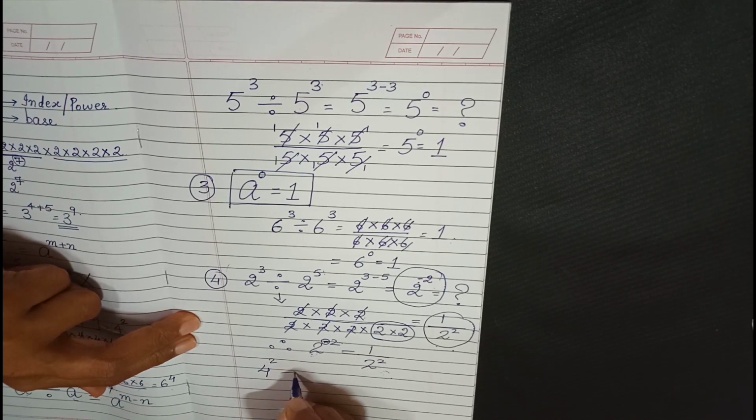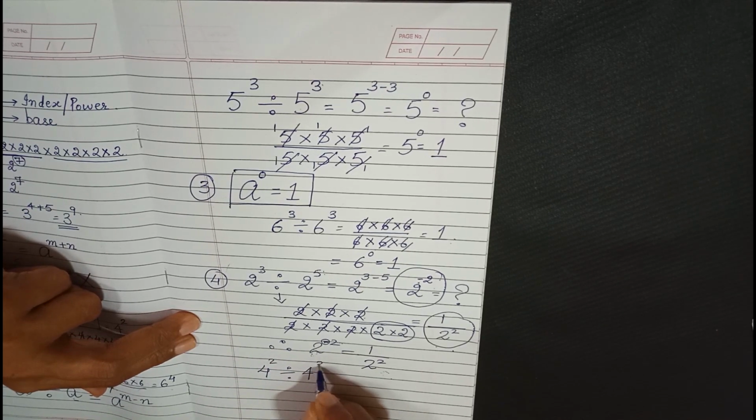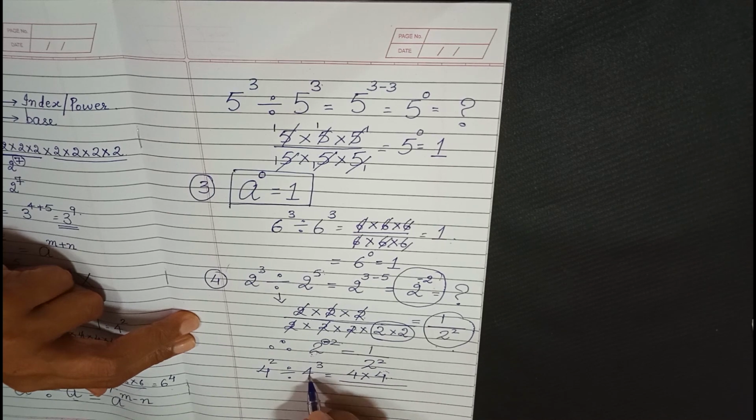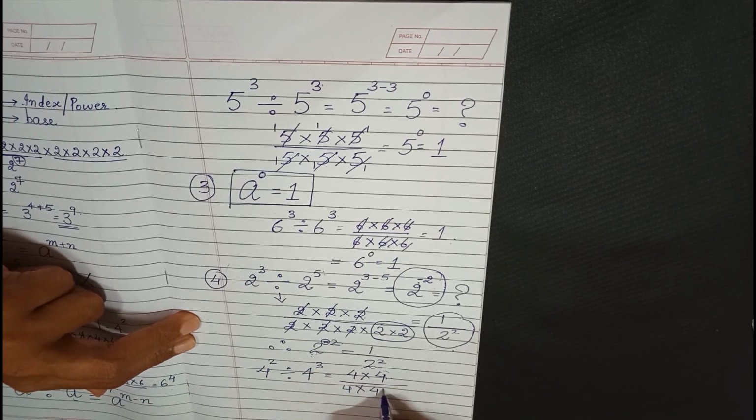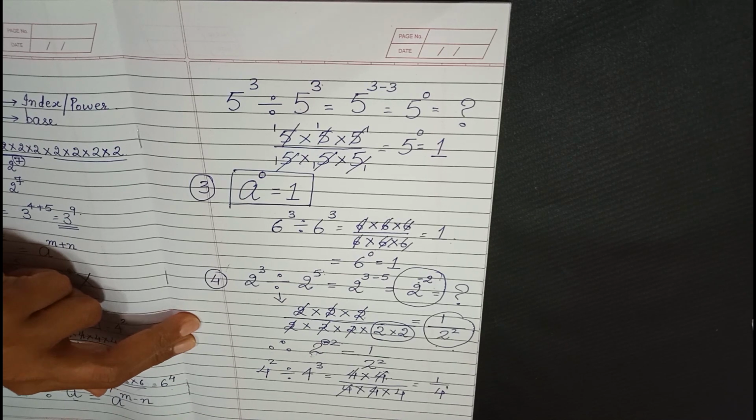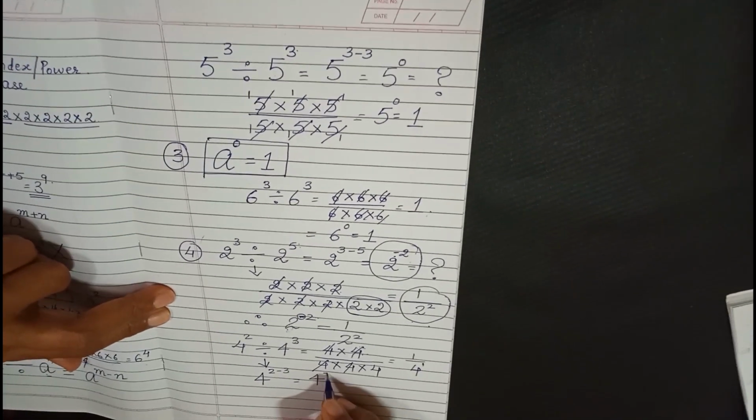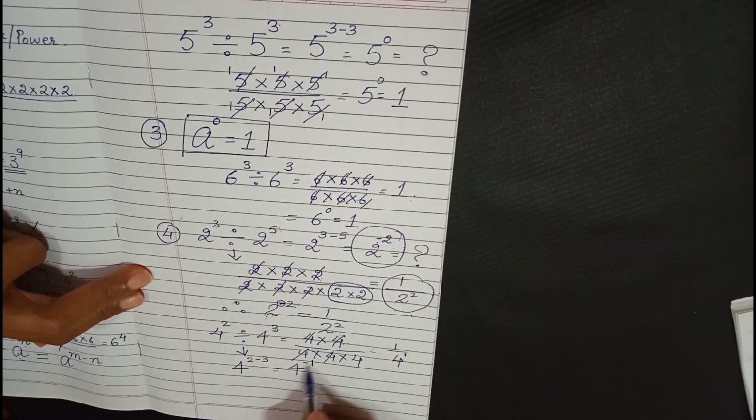4 raised to 2 divided by 4 raised to 3. Now what we get is 4 into 4, 2 times in the numerator and 3 times in the denominator. So again I can cancel the two 4's and what remains is only 1 upon 4, or in other words 4 one time. But when I use the formula for this, a raised to m minus n, 2 minus 3, what I will get is 4 raised to minus 1.